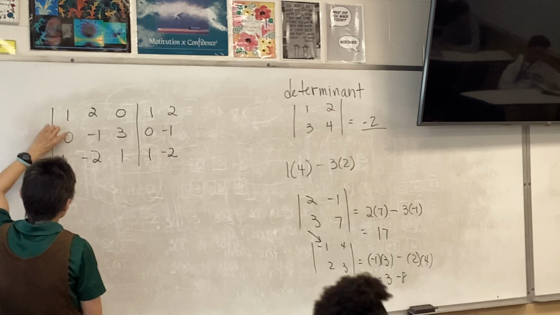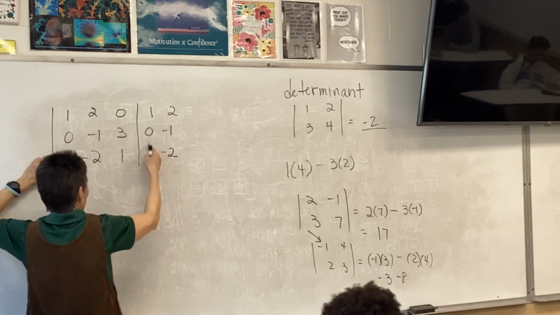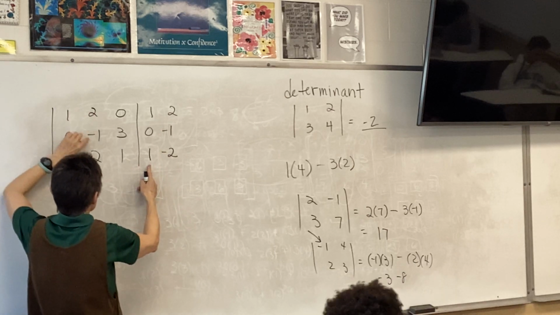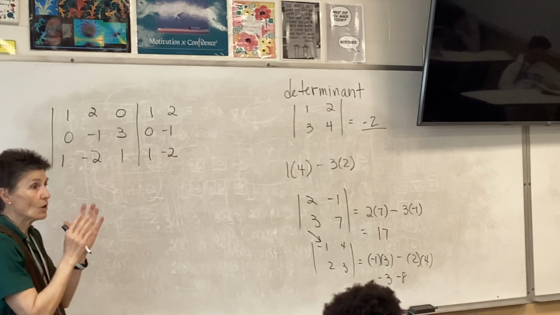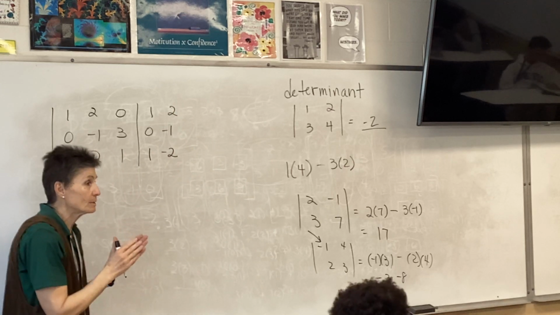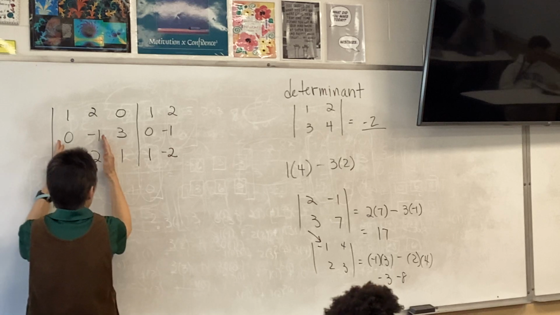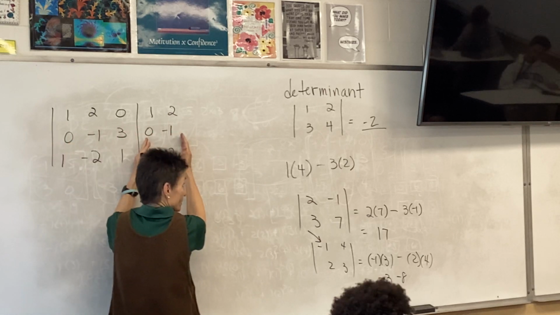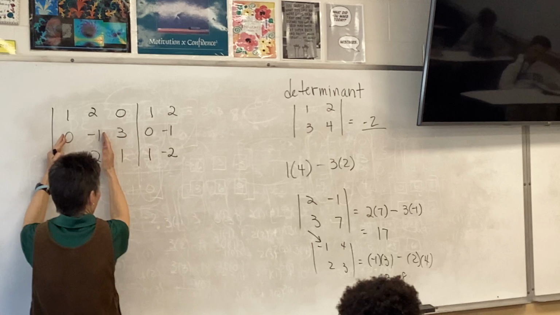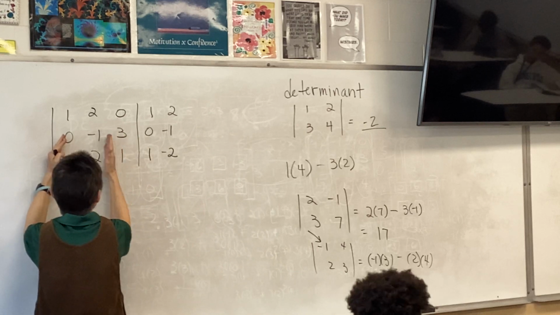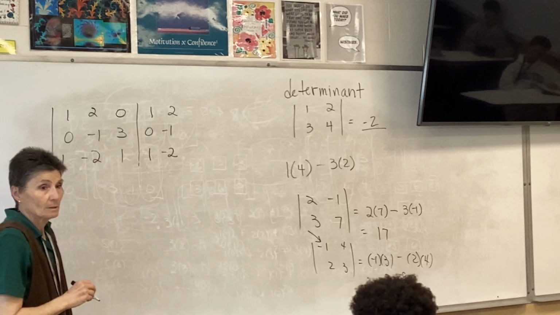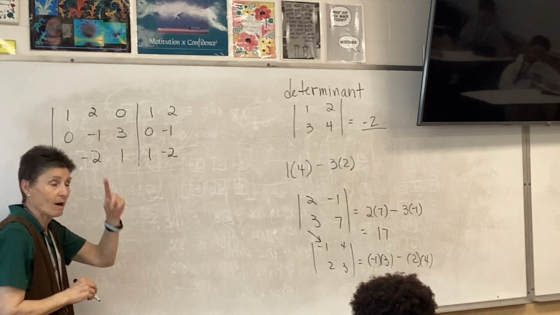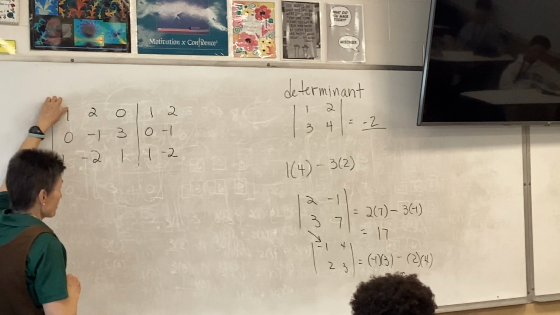So take 1, 0, 1 and write it right here, and then take 2, -1, -2 and write it right here. Don't be mixing things around, just cut these 2 columns, only the first 2, and paste them right here.